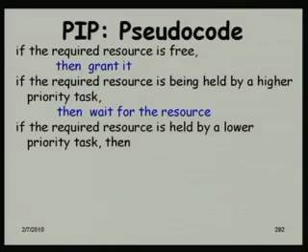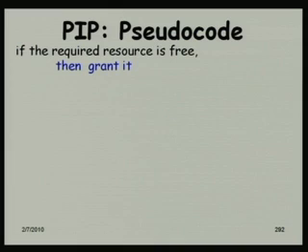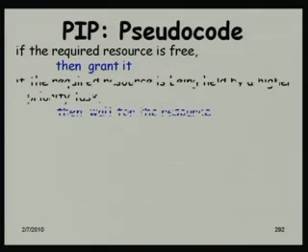So, let us see the basic pseudocode we had seen. Let me just get back there, so that we can answer this question. See, this is the pseudocode that we saw here. Whenever there is a request for a resource, this pseudocode is applied. Any task is requesting a resource. If the resource is free, no problem, grant it.